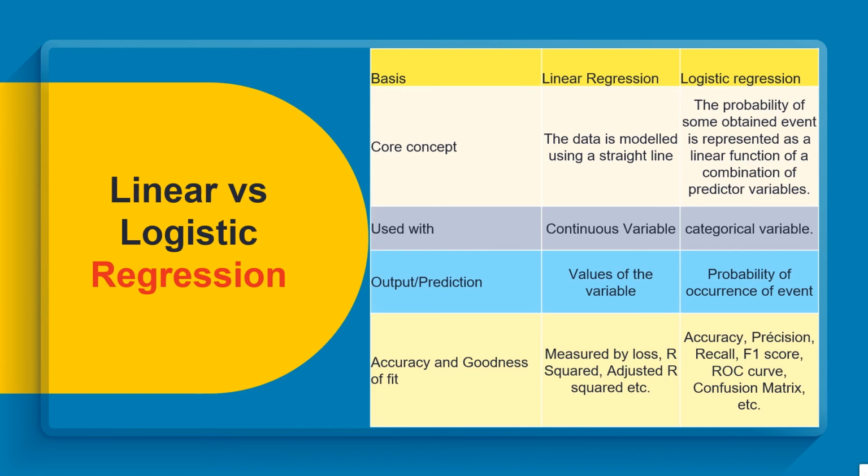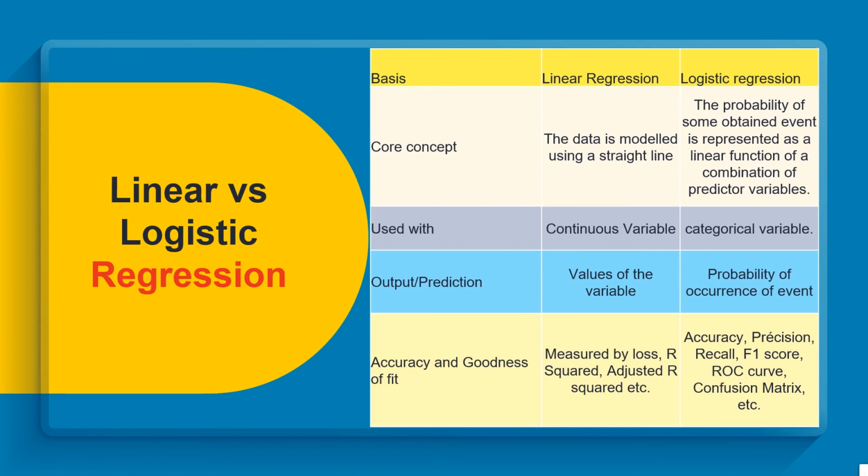Linear regression maps a continuous x to a continuous y. On the other hand, logistic regression maps a continuous x to a binary y. So we can use logistic regression to make a category or true-false decision from the data.